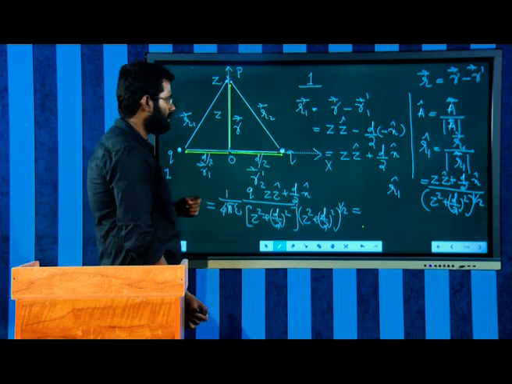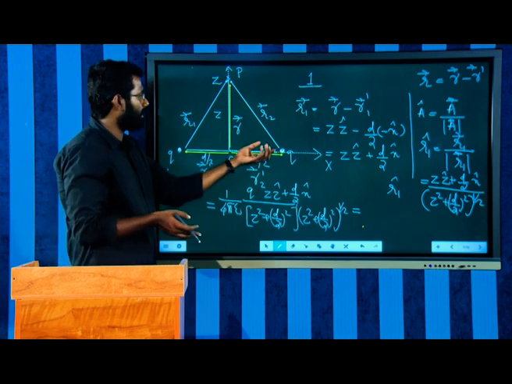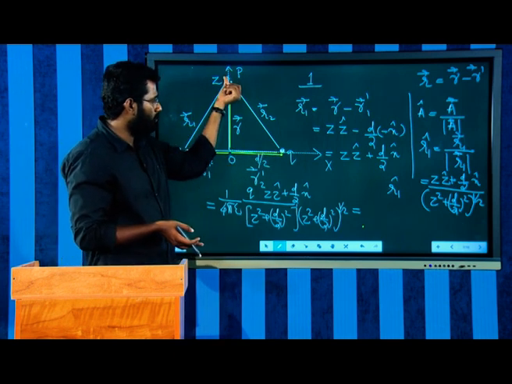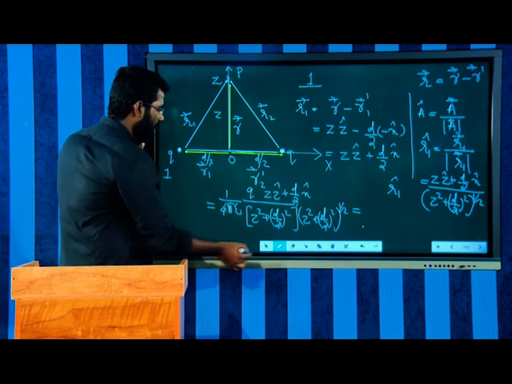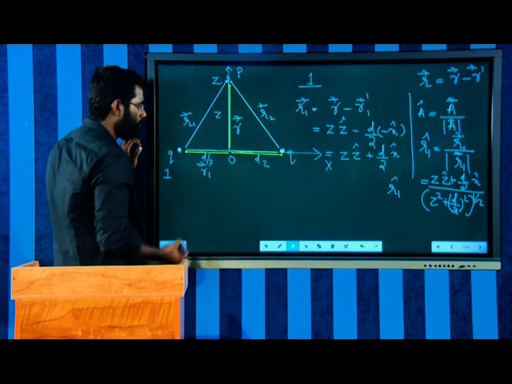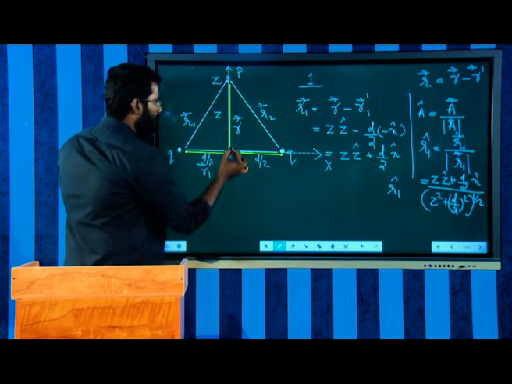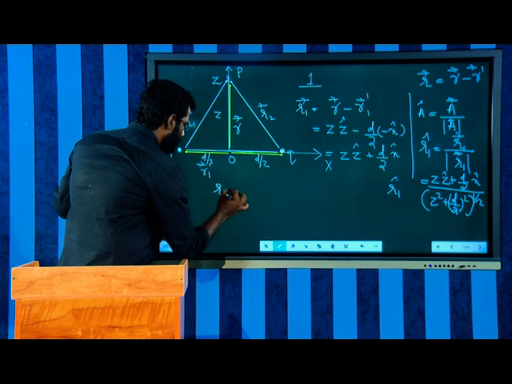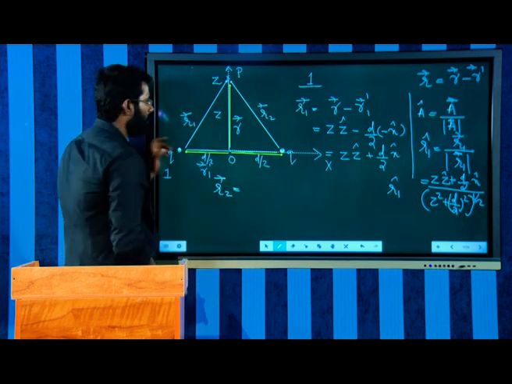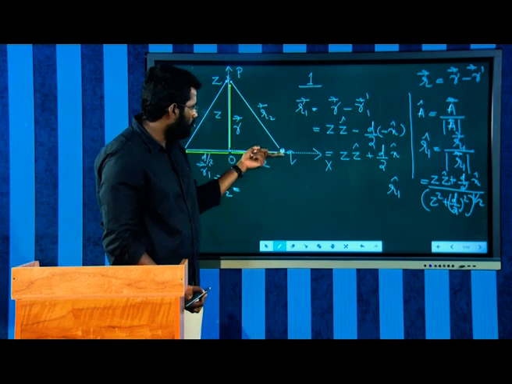So the second charge is here. Now we have to do the same set of procedures here. That is, we have to find R2. I'm not exactly solving that, you can do it yourself. This is d by 2. The vector R2 will be, you can see from here, this is the R2 dash.